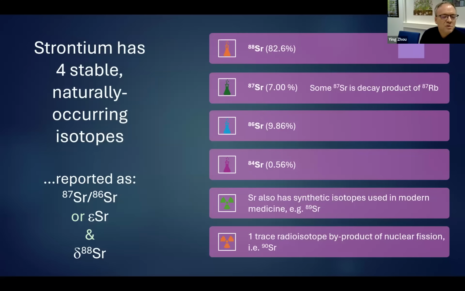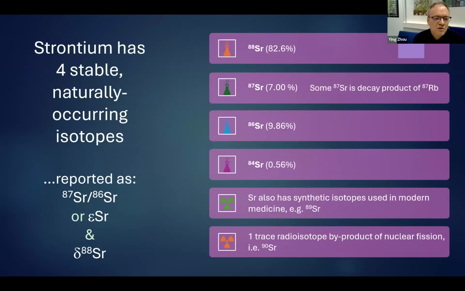Strontium isotopes are reported in three different ways. You'll see this in the literature. The most common way is 87-86, and we will focus on this today. You will often see 87-86 also expressed as epsilon strontium. Epsilon normally in geochemistry means parts per 10,000, whereas delta means parts per 1,000.